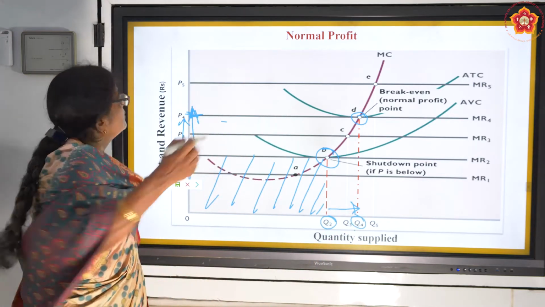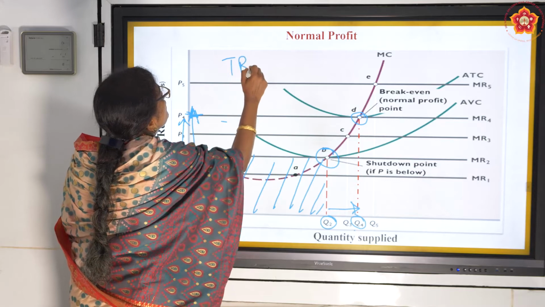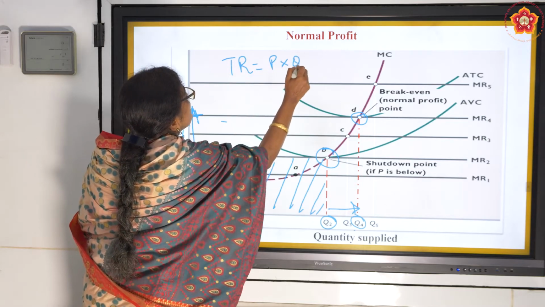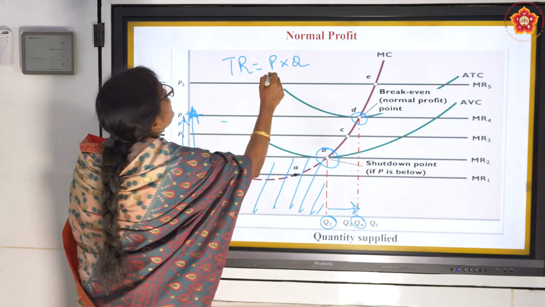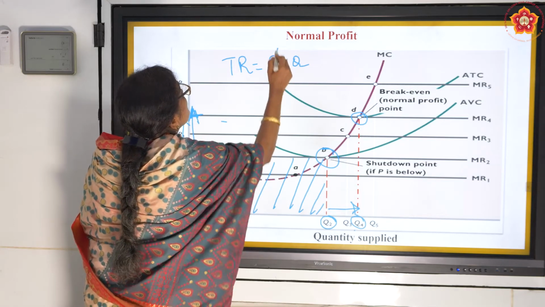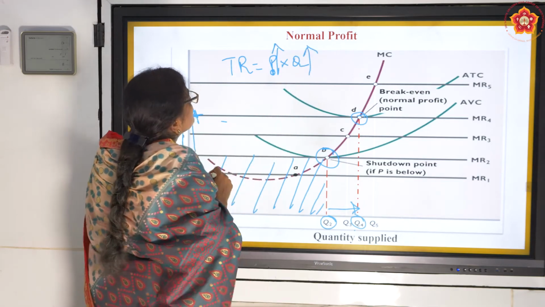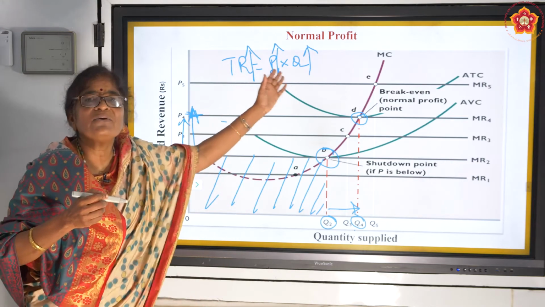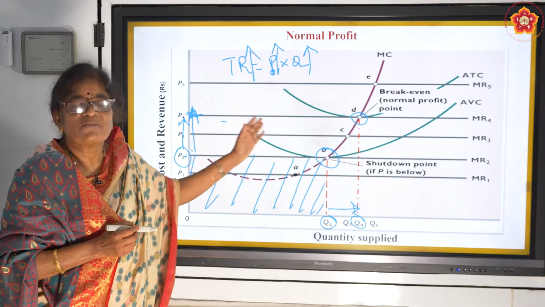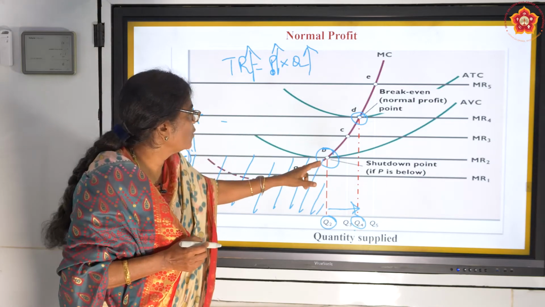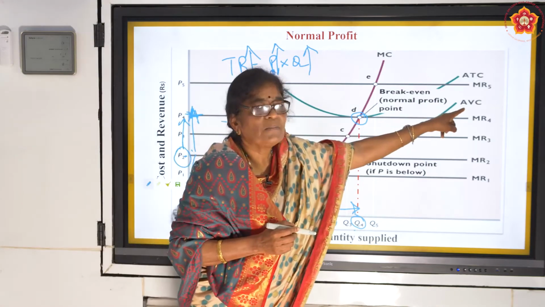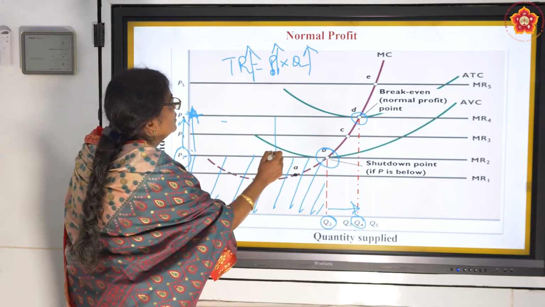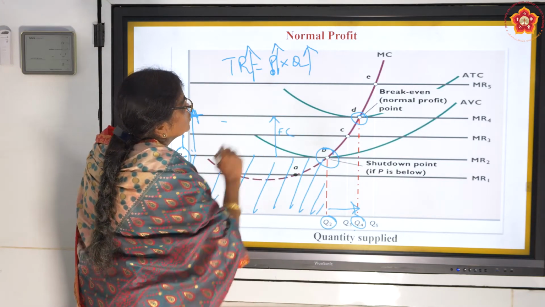You know that total revenue is calculated by price times quantity supplied. Therefore, when price increases from P2, quantity also increases, so automatically the revenue is going to increase. When revenue increases, it will be sufficient to meet not only variable cost, but also the difference, that is fixed cost also.